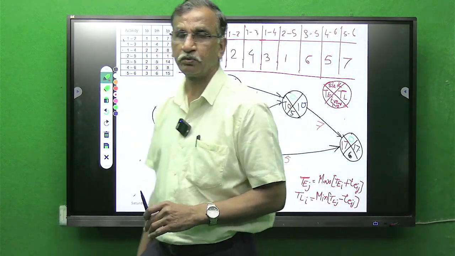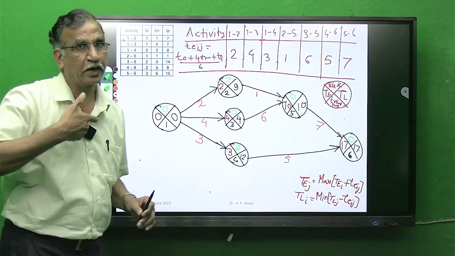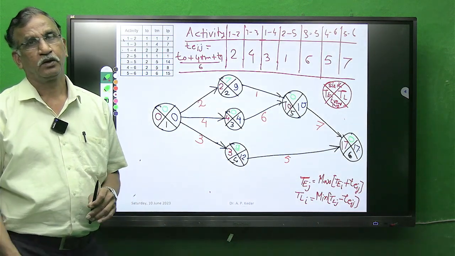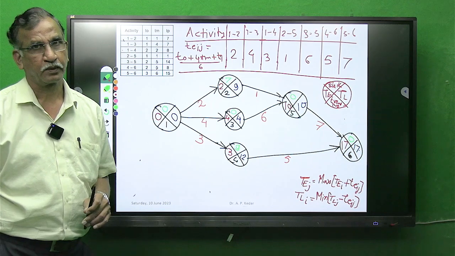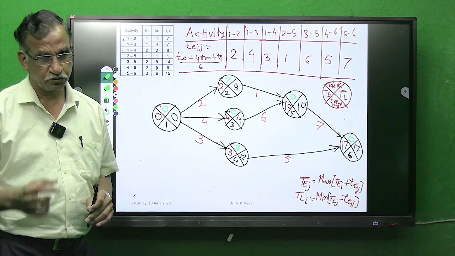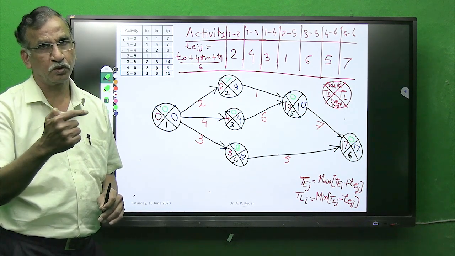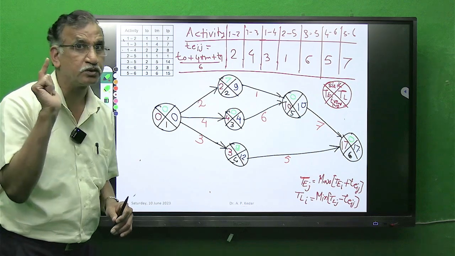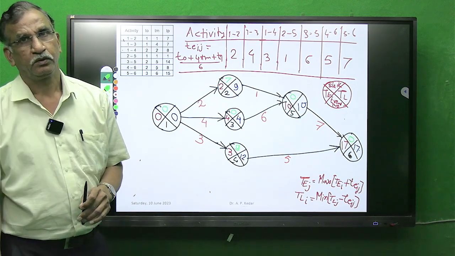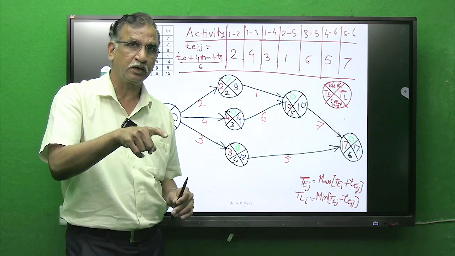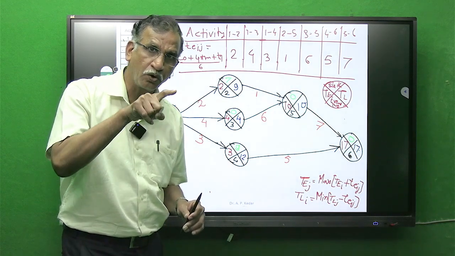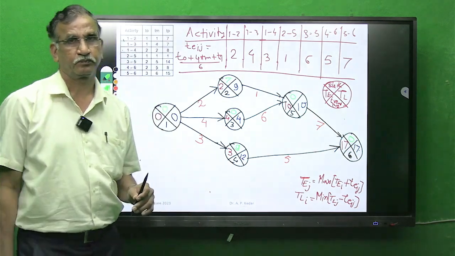So what we will do now, we will join the activities on the network. We will join the activities of the drawn network with 0 slack, which is responsible for making that path a longest path.